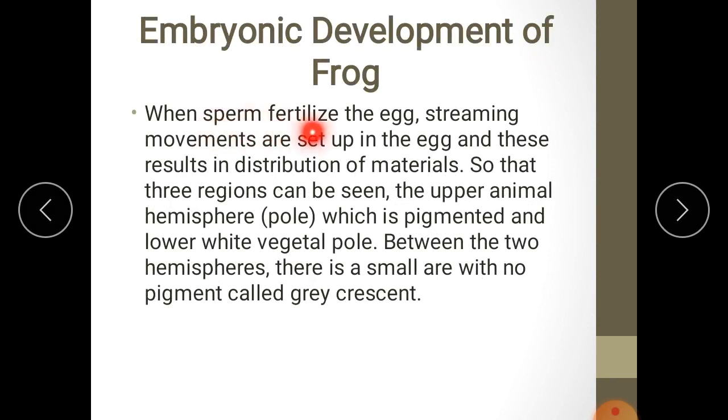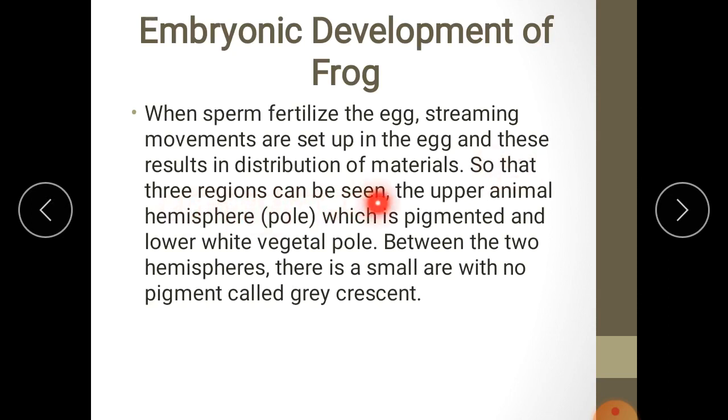So when sperm fertilize the egg, streaming movements are set up in the egg and these result in distribution of materials inside the egg. As the sperm moves into the cytoplasm of the ovum, the materials that are present in the cytoplasm start to move from one region to another region, so that three regions can be seen.